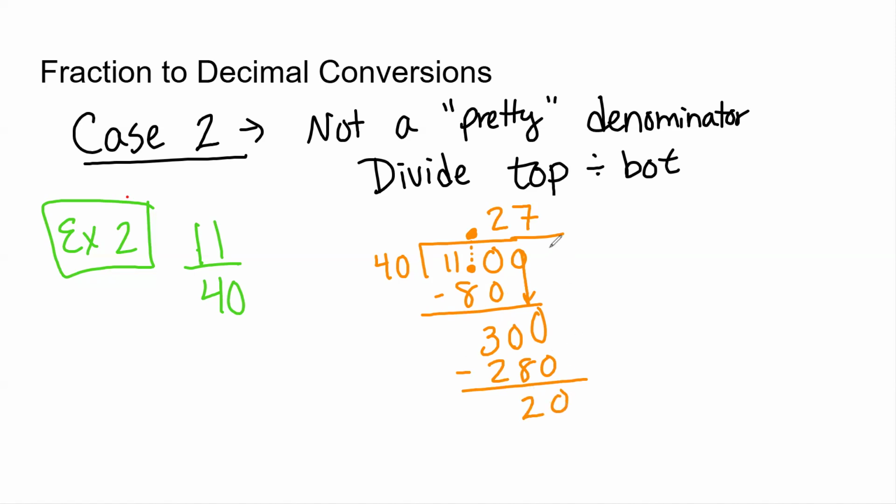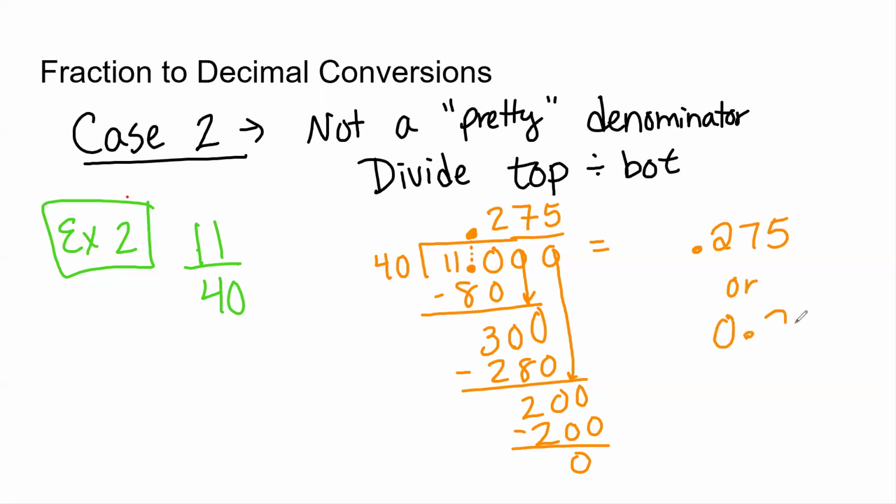Subtract, which is 20. Add another 0, drop down. 40 goes into 200 5 times, which is 200. So 11 out of 40 as a decimal is 0.275. So fancy way, 275 thousandths. You could also do it with the 0.